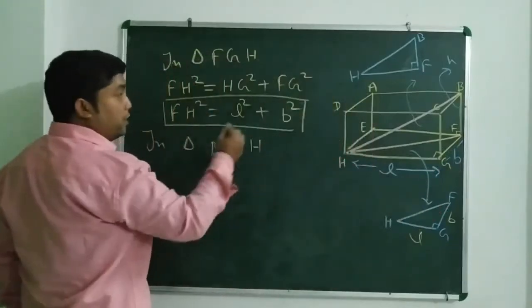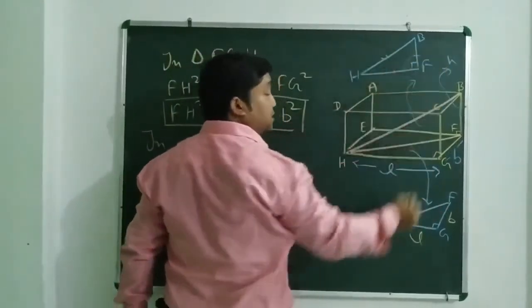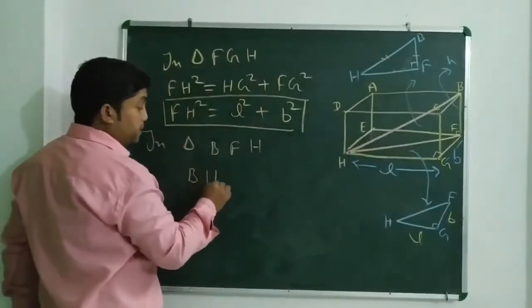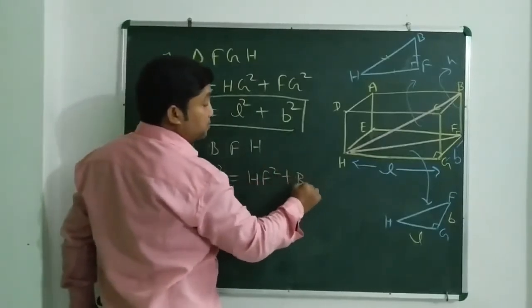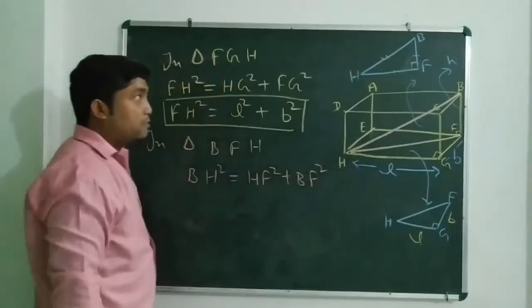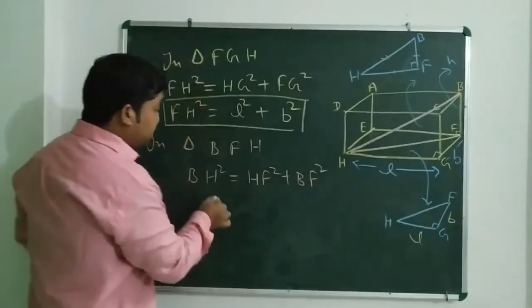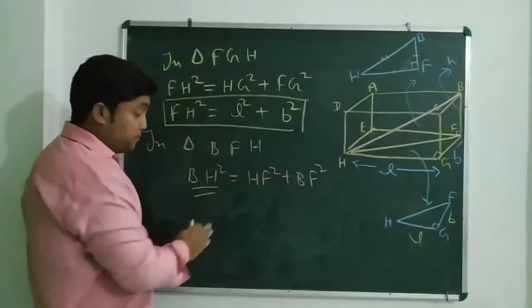Okay, so what you have seen is that this one is the hypotenuse, this is the base, and this is the perpendicular. So BH square is equal to HF square plus BF square. Our target is to find BH square.